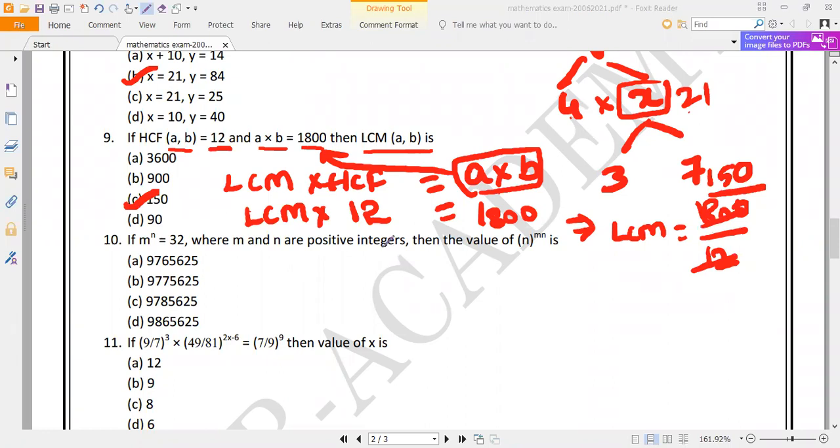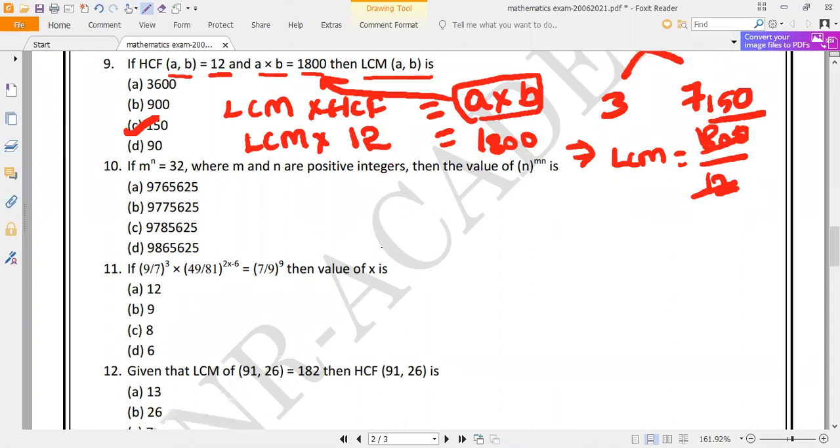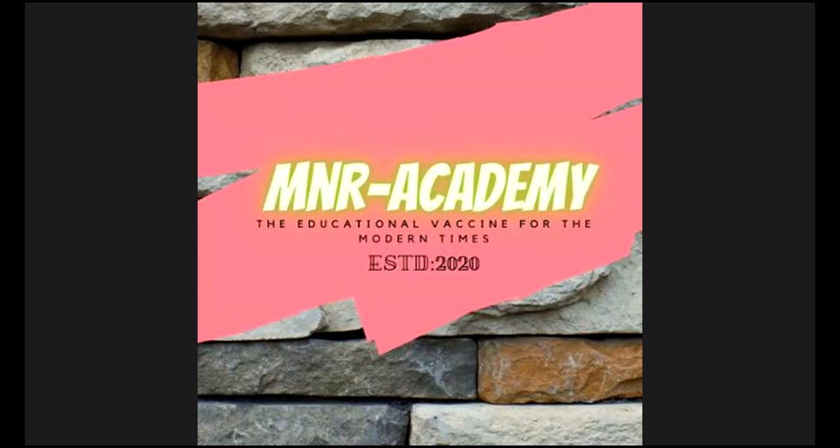Tenth question. All of you read the 10th question. If m power n is equal to 32, where m and n are positive, then the value of n power m n is what?